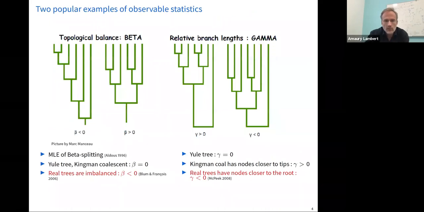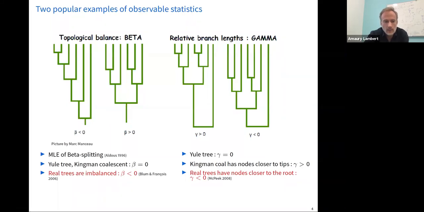These two aspects that I mentioned, the combinatorial aspect and the metric aspect, are embodied in two very popular measures used by macroevolutionists. One is beta and the other is gamma. As you can see from the cartoon, beta is negative for trees that are imbalanced, and beta is positive for trees that are balanced.